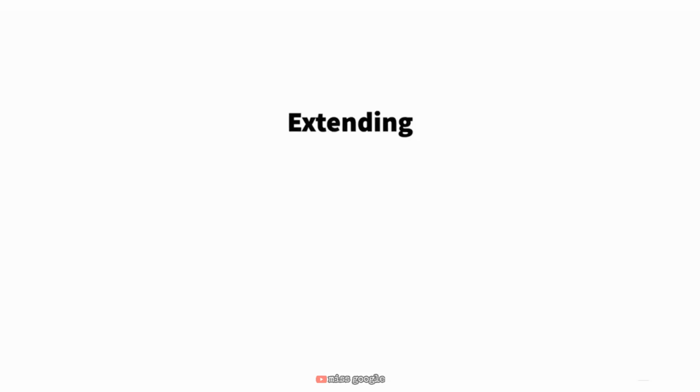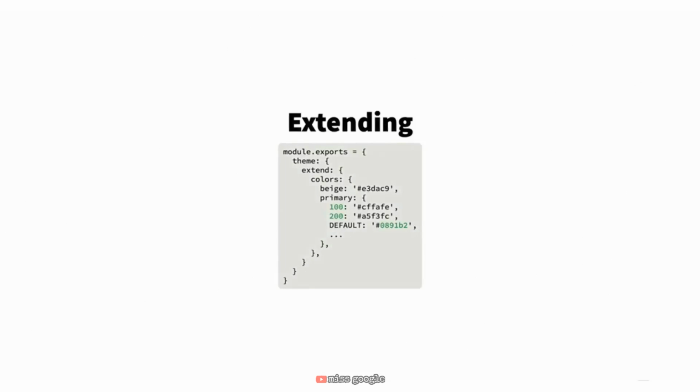So another way that you can work with the classes is by extending them. This is great if you want to add things to the existing set of classes. You can define with this an additional element that will be added to the list of existing elements. A great example for this is adding color names. Now the cool thing is that when you add a color name, all of the classes that use colors will be available with your new names.